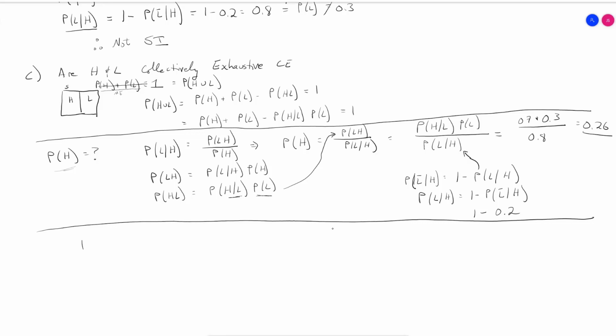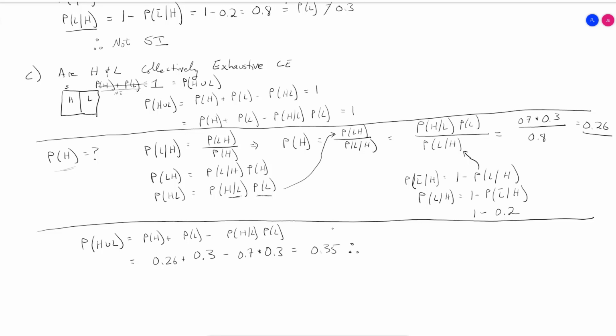Okay, so the probability of H or L is equal to the probability of H plus the probability of L minus the probability of H given L times probability of L. And we'll note that we've got all these values, so we can just go ahead and plug those in. So this is 0.26 plus 0.3 minus 0.7 times 0.3. And so all of that equals 0.35.